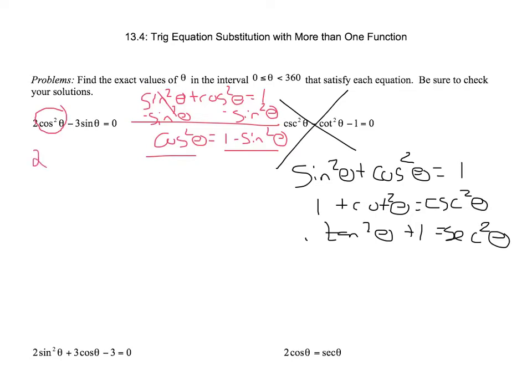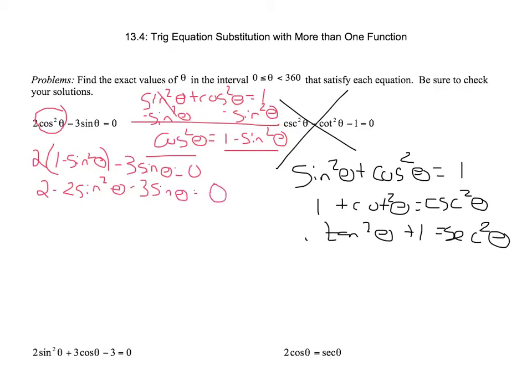So it's going to be 2 times 1 minus sine squared theta, and then rewrite the rest. Minus 3 sine theta equals 0. Distribute the 2. So it's going to be 2 minus 2 sine squared theta minus 3 sine theta equals 0.